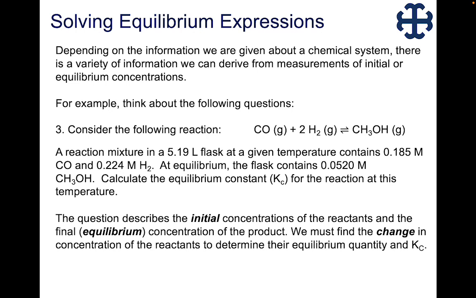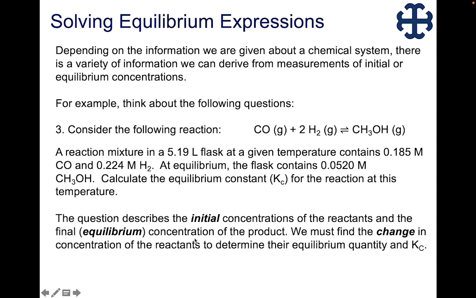Basically, we're given initial concentrations of our two reactants. Because we're not told anything about the initial concentration of our product, we can assume that initial concentration is 0. We're also told the equilibrium concentration of our product.